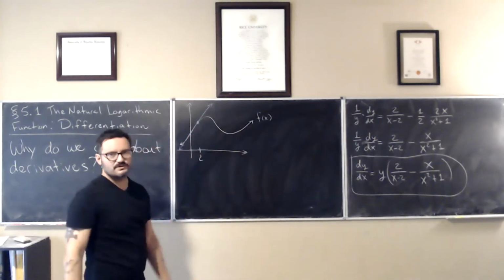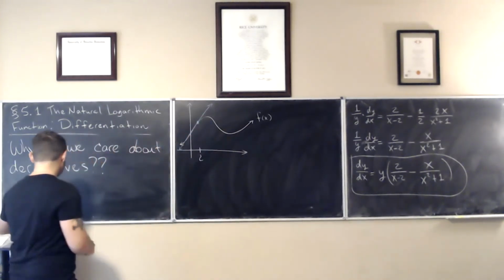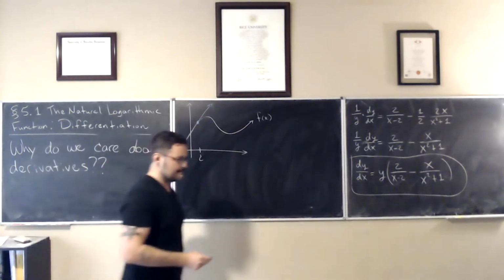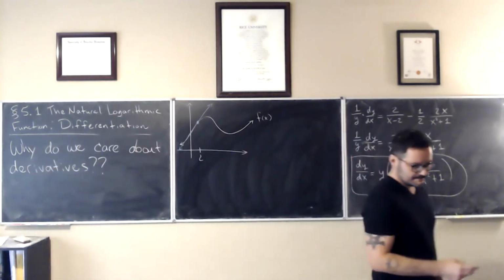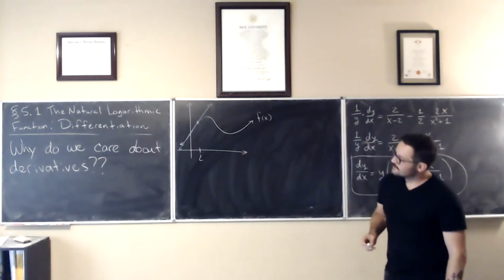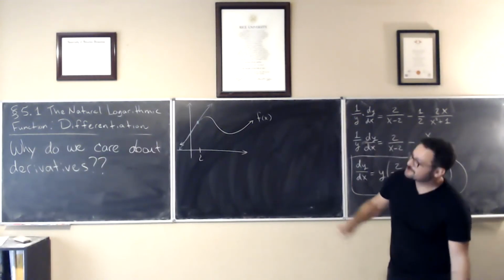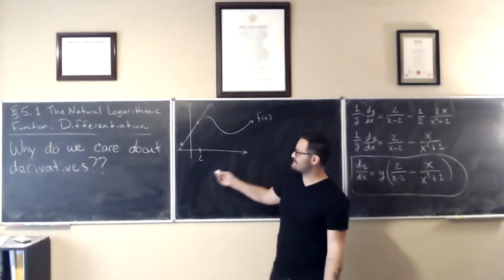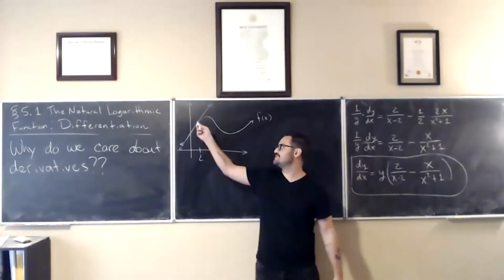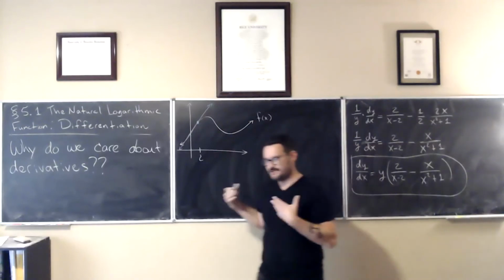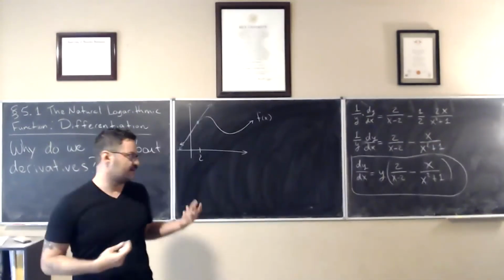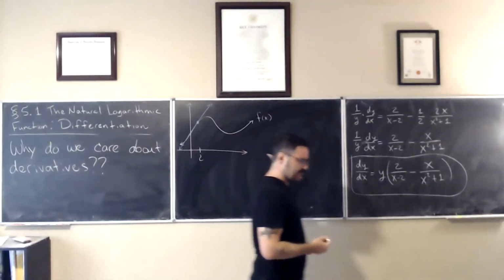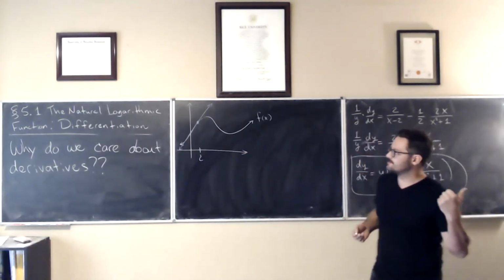What's the slope of that blue line? It could be 3, but in general, if we have a function f and a number c, in some open interval that f is defined on, how would we find the slope of that line there?